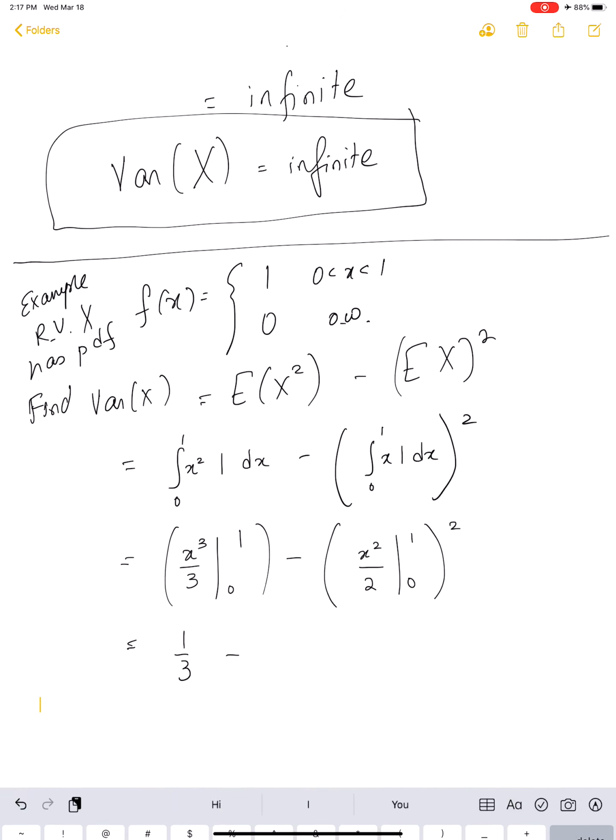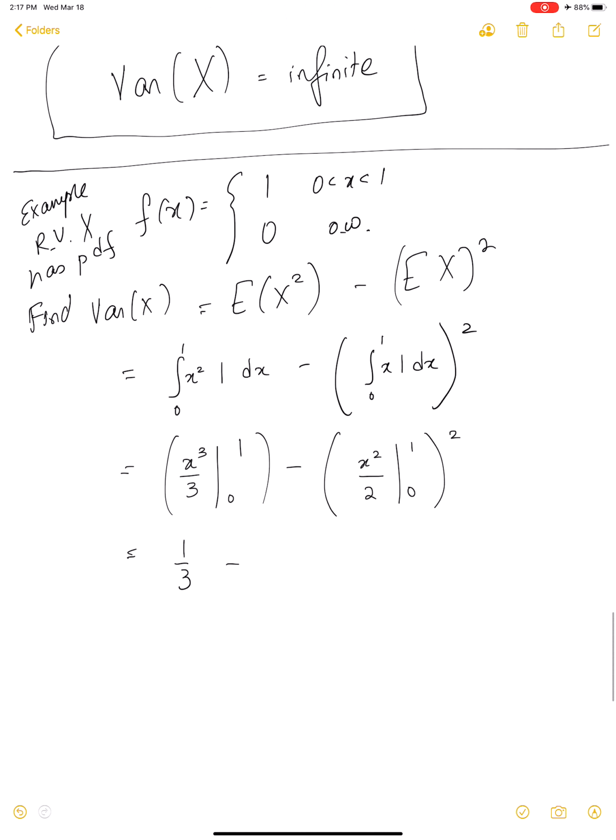And what is this? You plug in 1 and you get 1/2, and you square it, so you get 1/4. So this answer is 1/12. And along the way, you also saw that the expectation of x is 1/2. Okay, and recall that I said that's the uniform 0, 1, and 1/2 is in fact the middle of the interval 0, 1. And we will see in the next section, we'll look at uniform random variables.